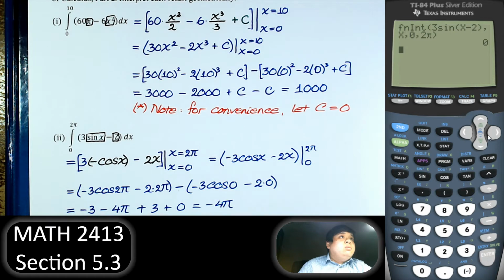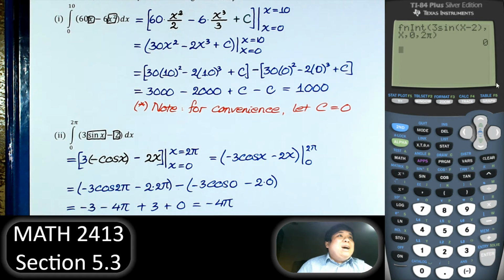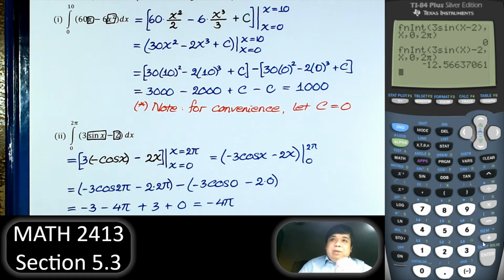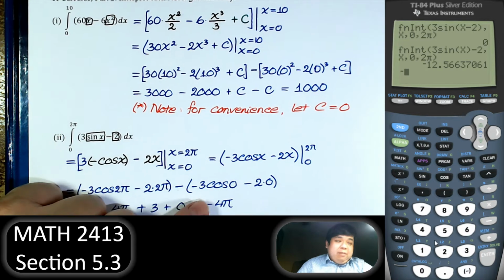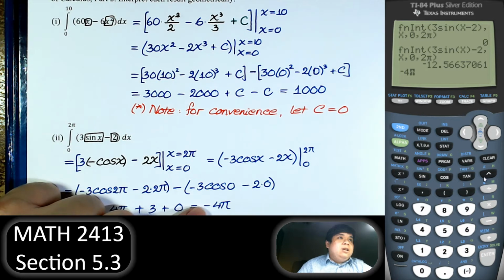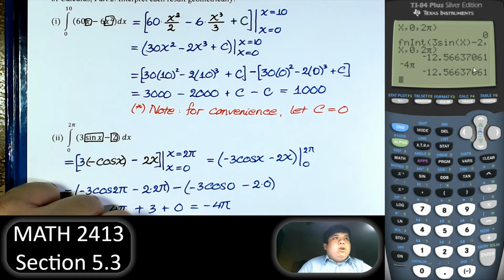Wait, sorry, I put the parentheses in the wrong place. That's what I mean, sorry. Now, we have negative 4 pi. So of course the same thing.